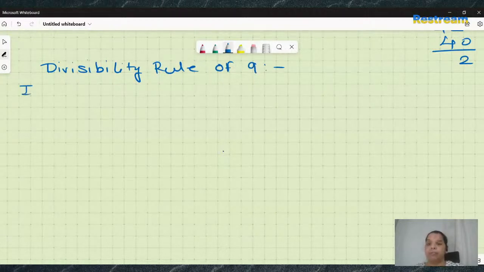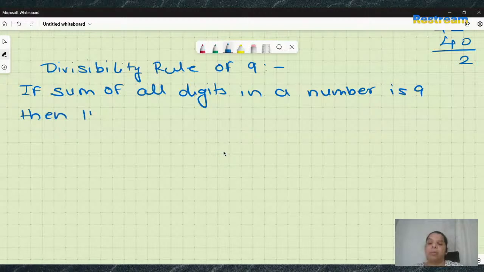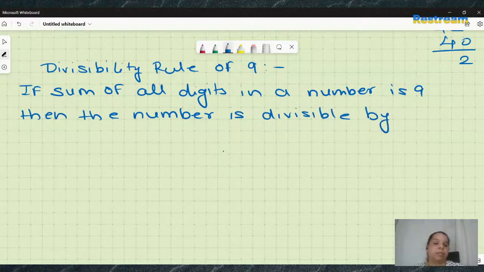It says that if the sum of all the digits, not numbers, digits in a number is divisible by 9, then the number is divisible by 9. So let's take a number, 3213.